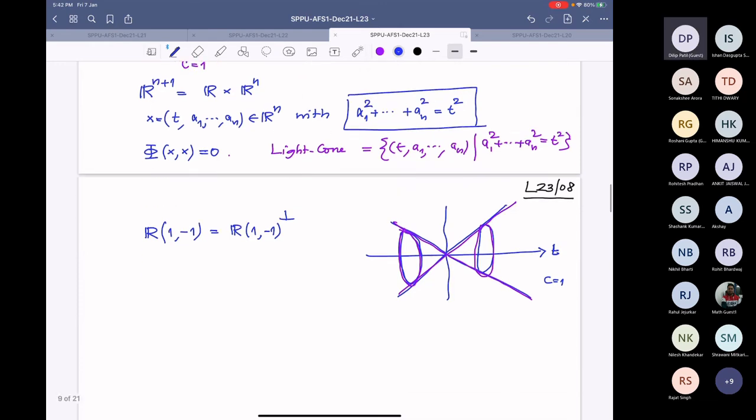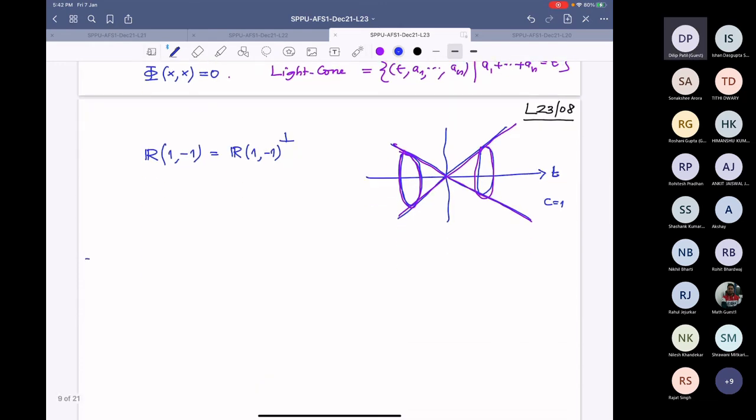All right, now the question comes. Time is already coming up. How do you reduce?